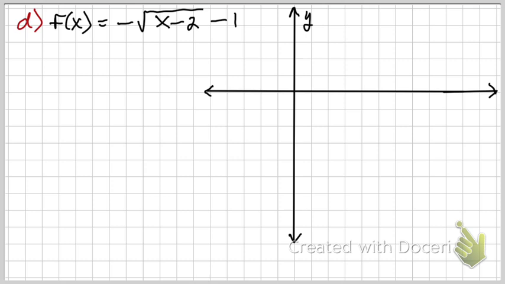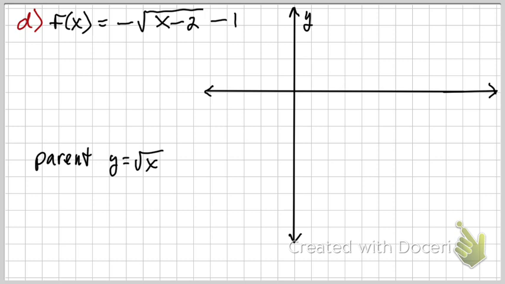Okay, parent function. Y equals square root of x. How do I know? Because there's a radical, square root of something. So what do I know?